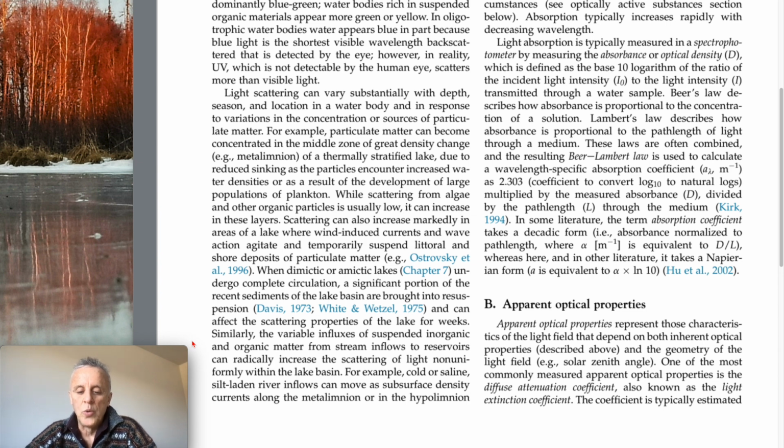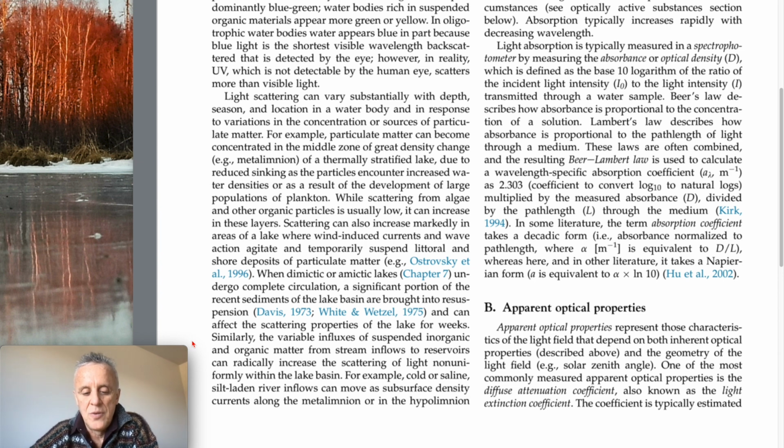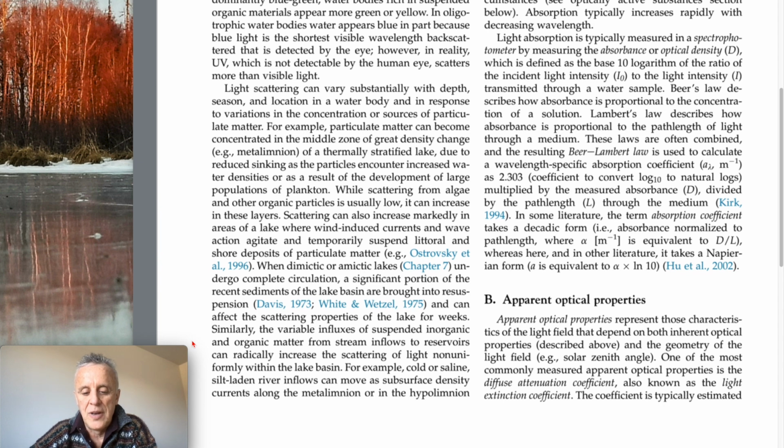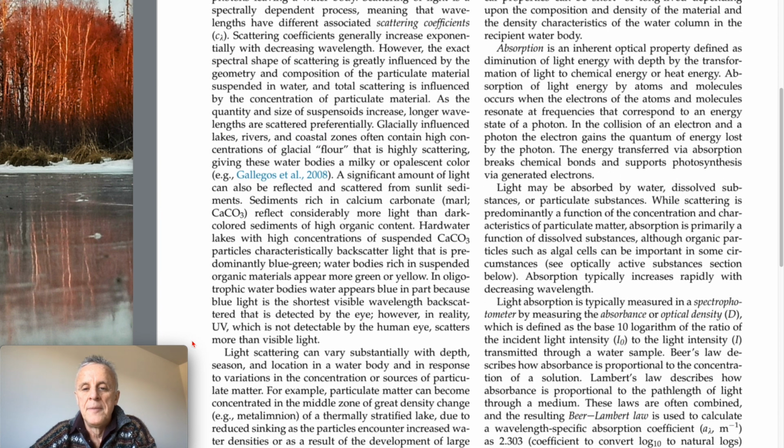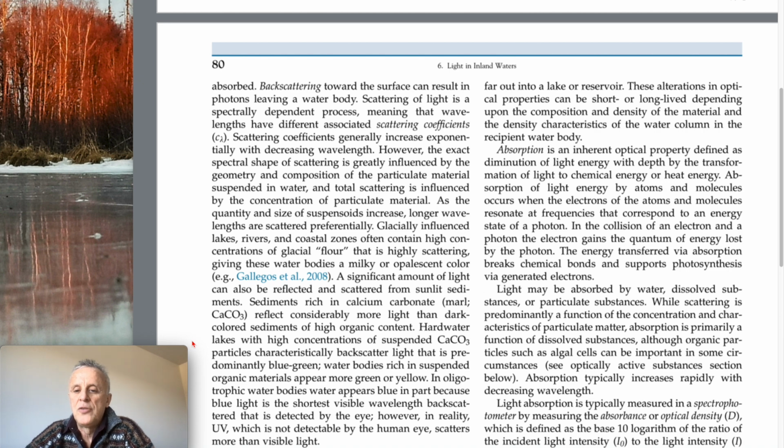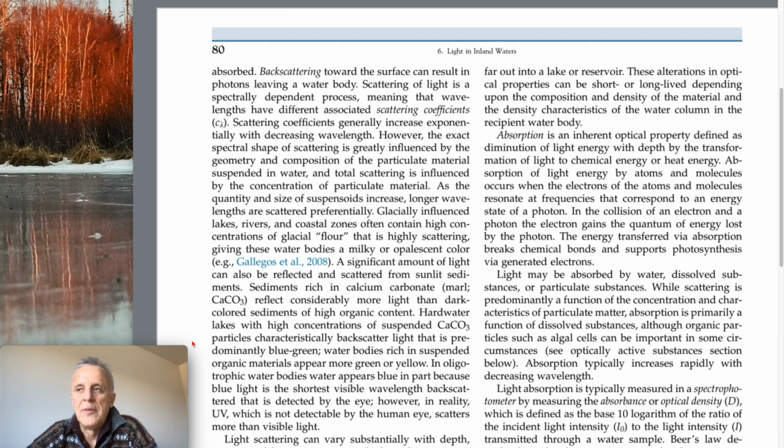For example, cold or saline silt-laden river inflows can move as subsurface density currents along the metalimnion or the hypolimnion far out into the lake or reservoir. So when we're talking about limnion, we're talking about the strata of the lake, the zone associated with depth.